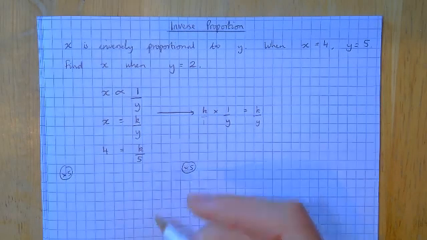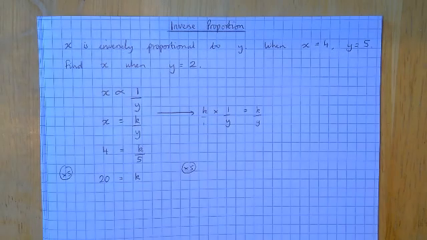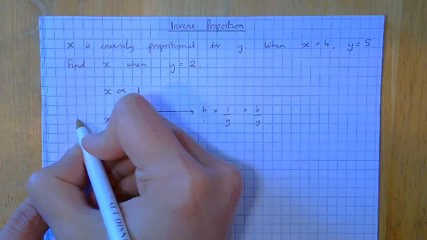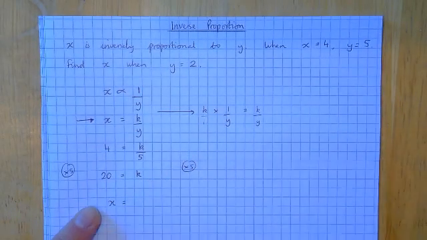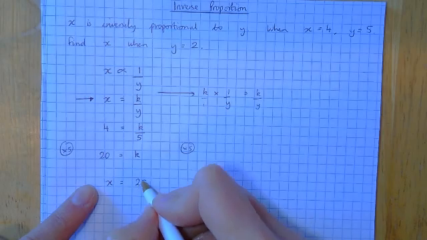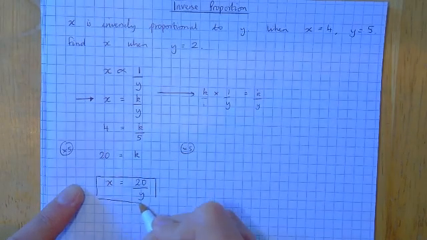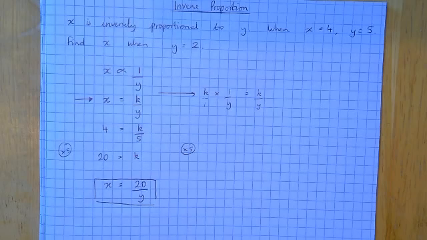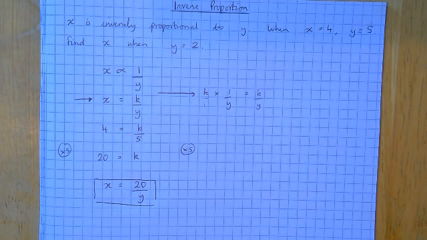So it gives me that K equals 20. Now we rewrite our second line, putting in our value of K. And that is going to be the formula that I use.